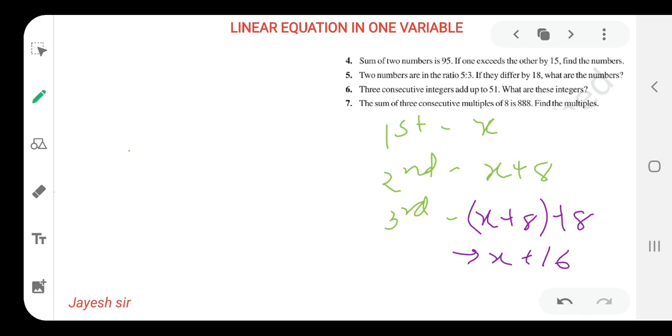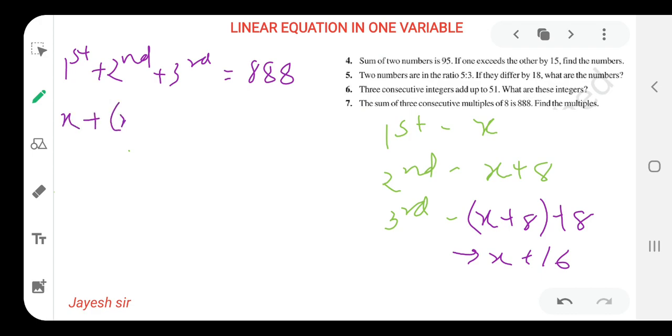Now we have got the values for the first, second and third numbers. Their sum is 888, so now we'll make the equation. First plus second plus third equals 888. We just put the values of first, second and third in this equation.